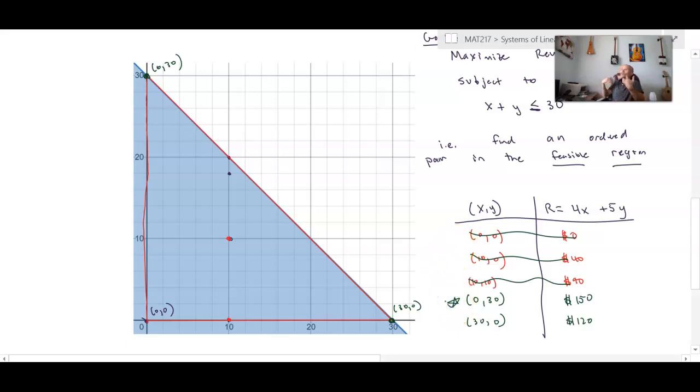So under that intuitive guideline, we don't want to pick something like this, (10, 20). And let's think about why not. Well, here you're producing, as opposed to this starred ordered pair where you're making more of your bigger money producer, 30 units at $5 a unit. But here now you're mixing a combination of them.